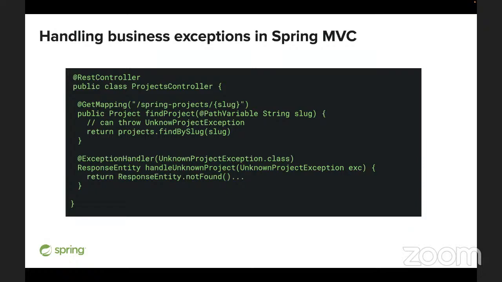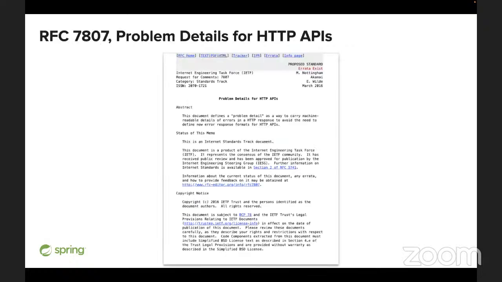The problem with this approach is if you want that to be consistent, then you need to build some sort of library or shared utility to make sure that all those responses are going to look alike with the same attributes, and that you can build some sort of API around it. And that's what the Problem Detail RFC is all about.